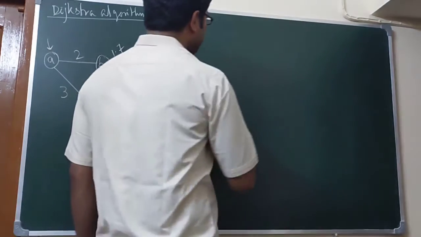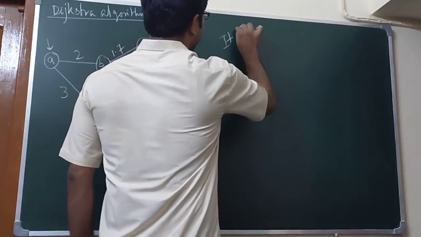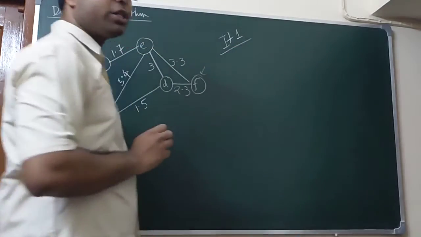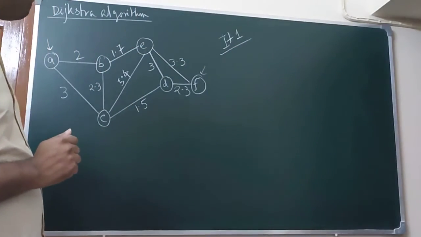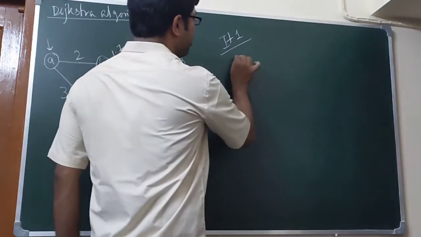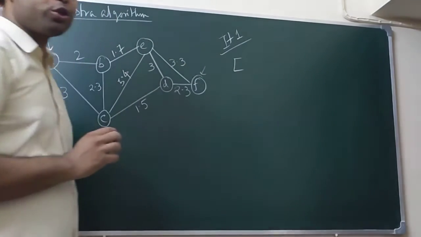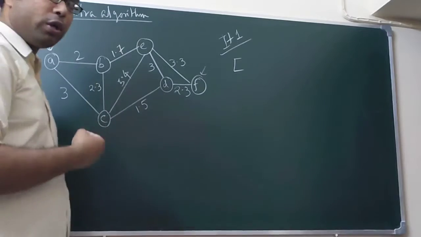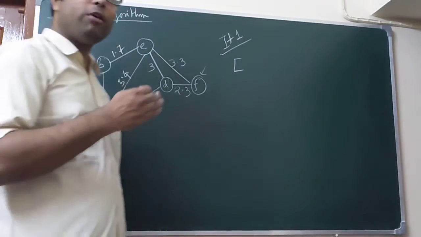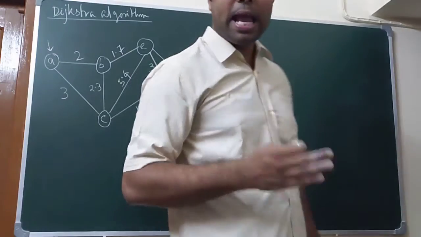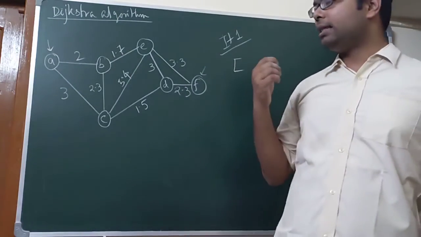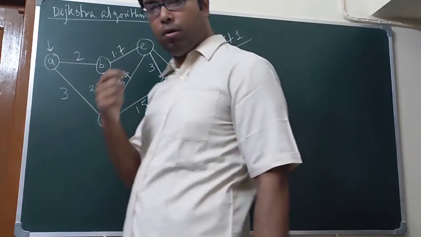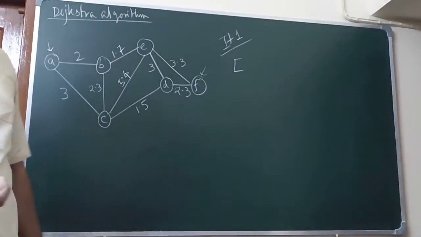So, iteration 1. In iteration 1, we always choose A as the source node. So what will be the label of our source node? In our previous video, we already discussed the labeling, and the temporary and permanent status of intermediate nodes.